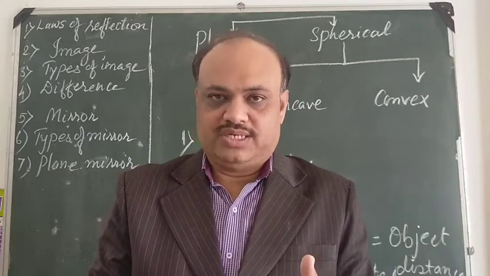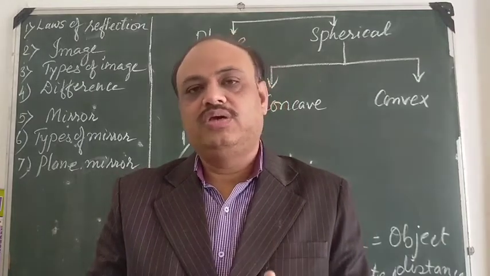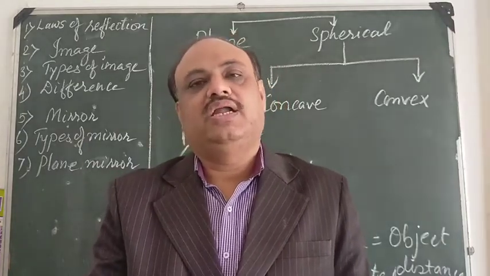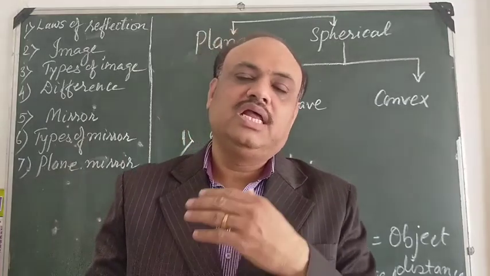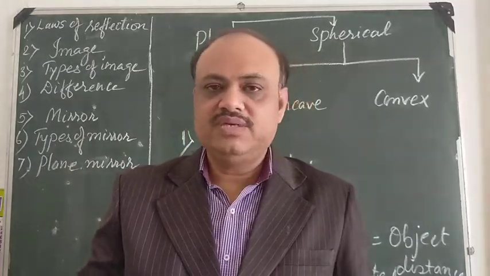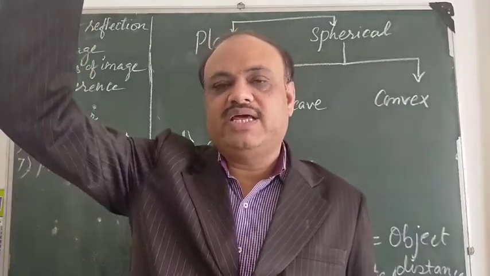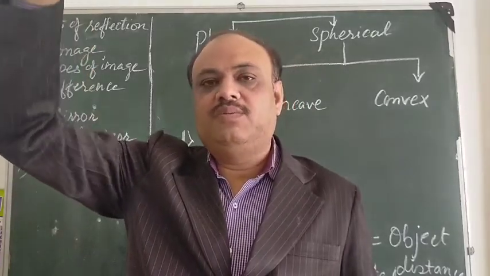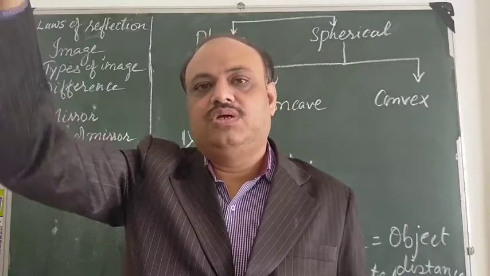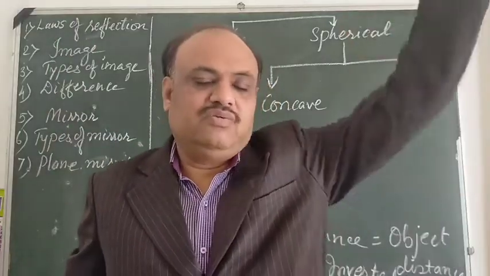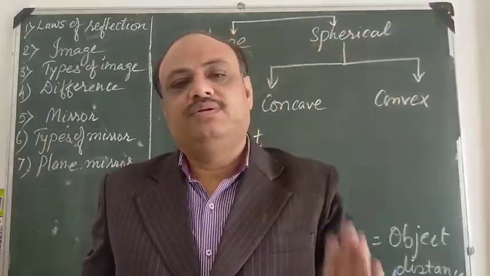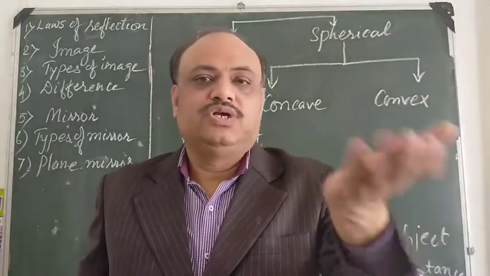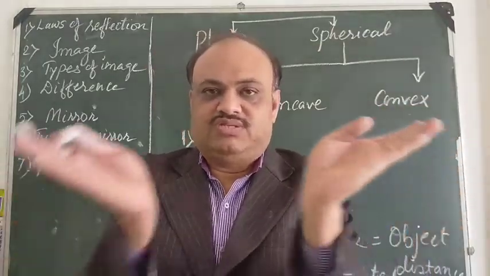Left side of the object appears to be the right side of image, and right side of object appears to be the left side of image. It means that if I raise my right hand, that will appear to be the left hand of the image, and when I raise my left hand, it appears to be the right hand of the image. So there is a change of sides.